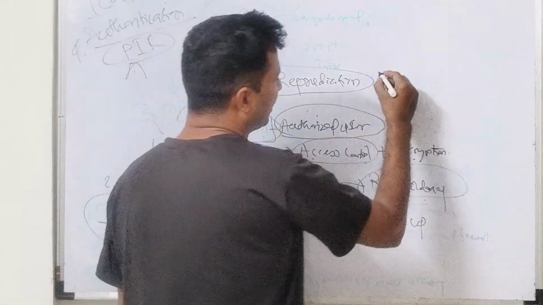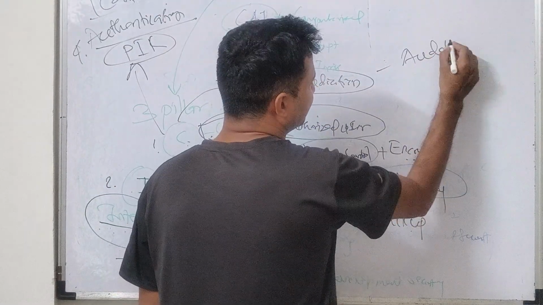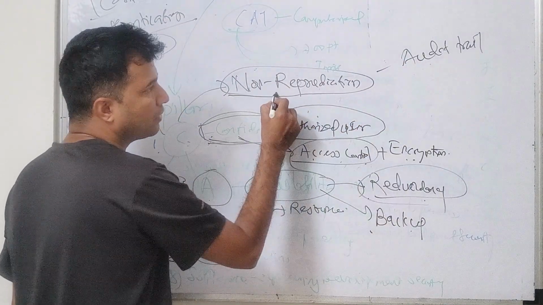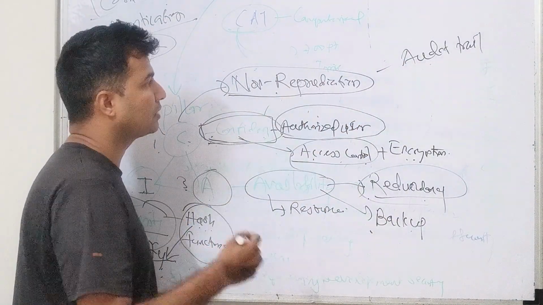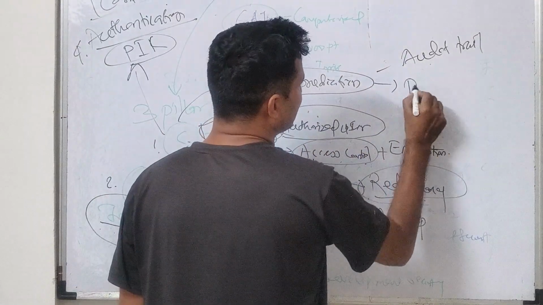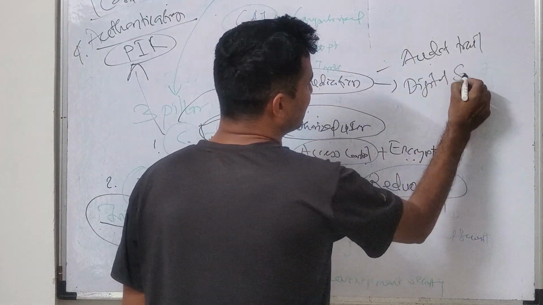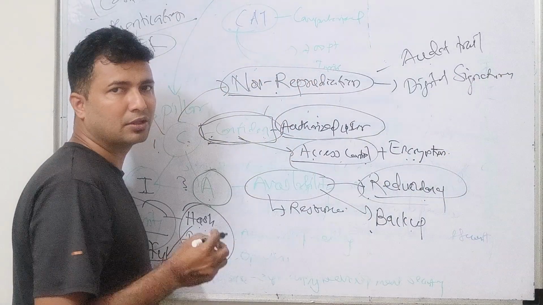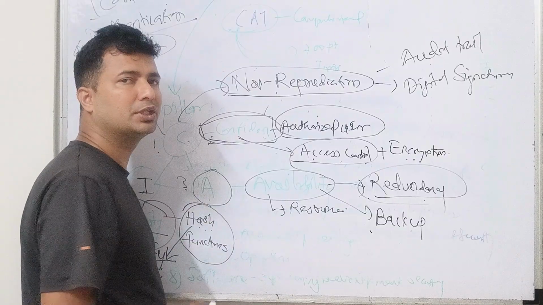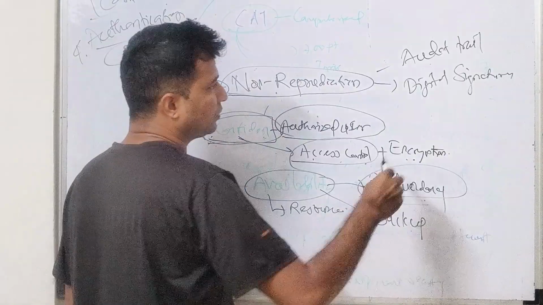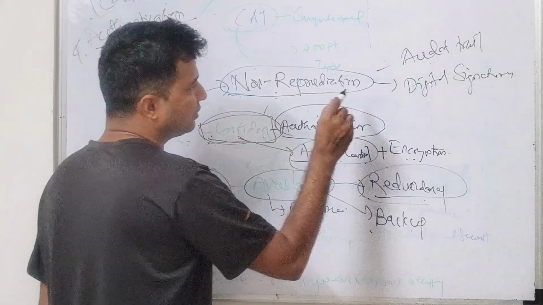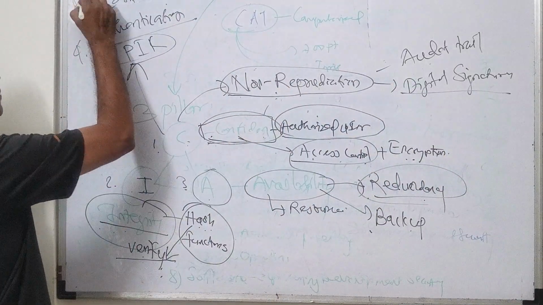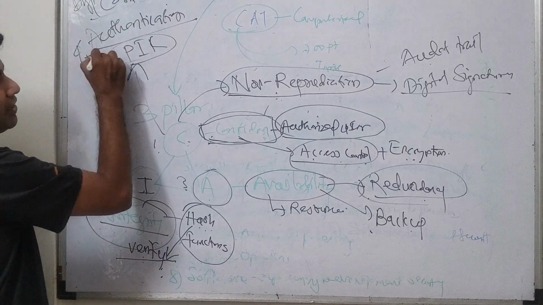It includes an audit trail, which supports non-repudiation. We can check the transaction details and all those things. The second is digital signature. If a particular transaction is carried out by a different user, their digital signatures are implemented there as well. Remember that non-repudiation is for digital signature and digital certification is for authentication.